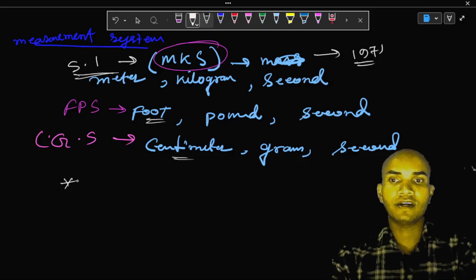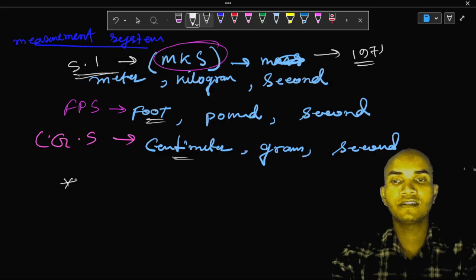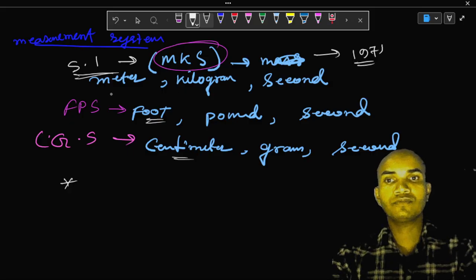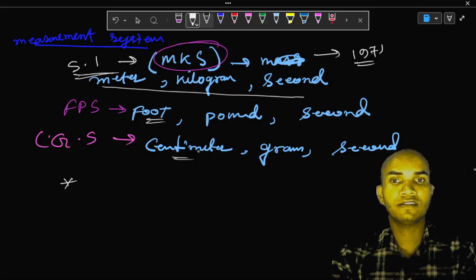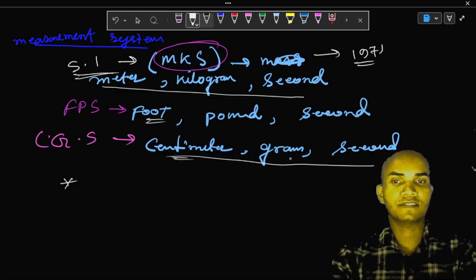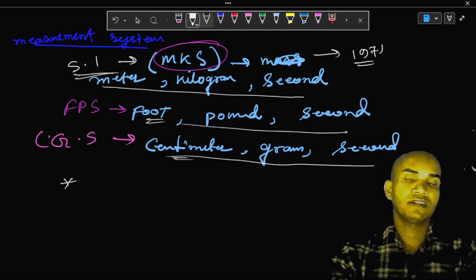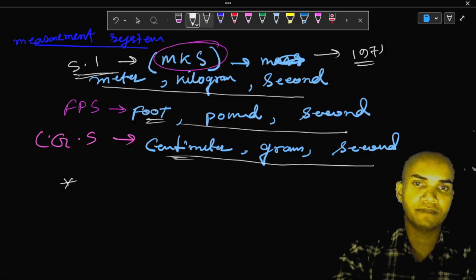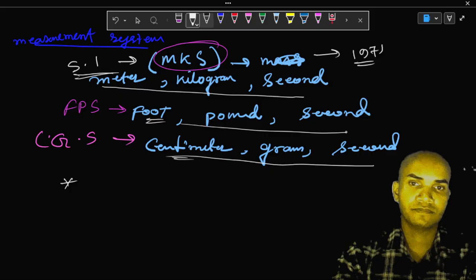An important thing I am going to write is that if you get a problem to solve, try to convert it to the form of either meter, kilogram, second, or centimeter, gram, second, or foot, pound, second. Similarly for all three points, try to convert.